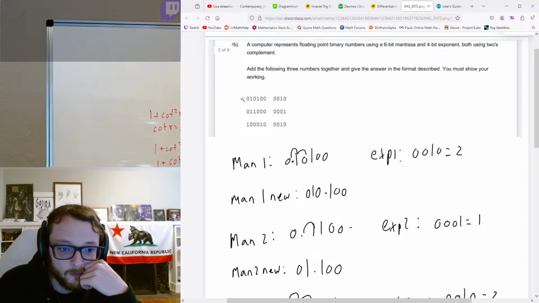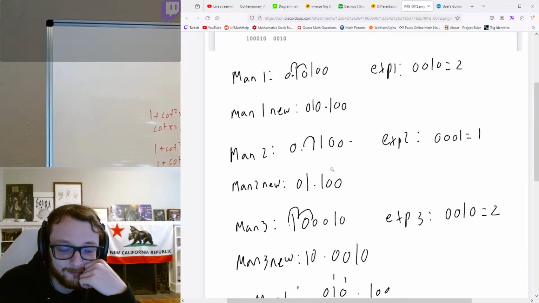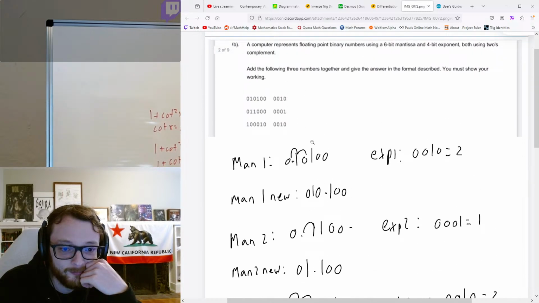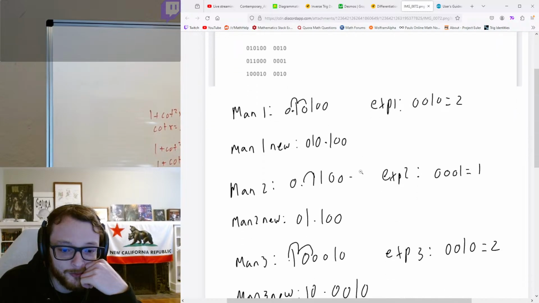Like, shouldn't it be 1 0 1 0 1 0 0, and then you move the decimal, I guess, to the right twice. So I guess you also move the decimal to the right twice. So I guess we agree on that at least. That moves the decimal to the right once, and that's also twice.